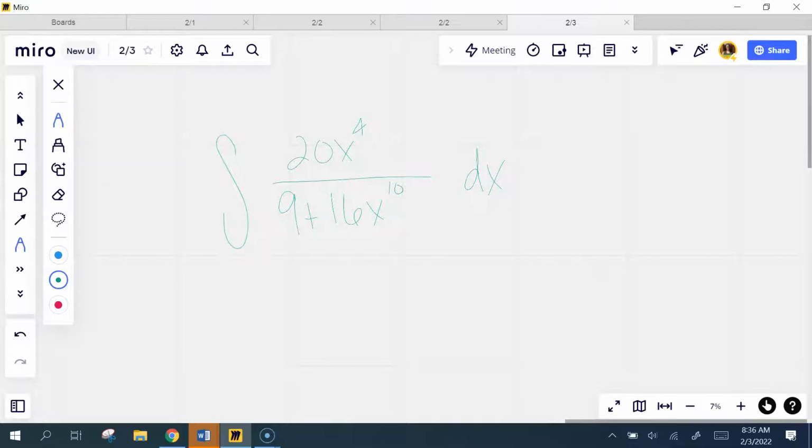Well, I'm thinking if we think about this being an inverse trig function, no, but if I want it to look like that, if I want it to be 1 over 1 plus u squared, did she just get it?